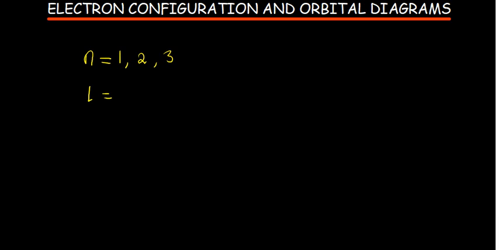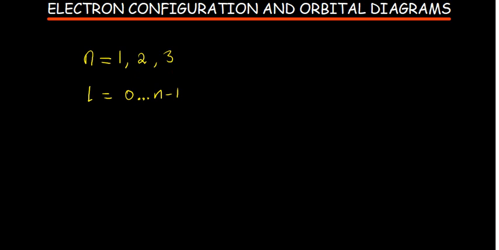L is found from 0 up to n minus 1, meaning that in the first principal quantum number, L is just going to be 0. In the second, L is going to be 0 and 1. In the third, L is going to be 0, 1, and 2, like that. That is how you find L, the angular momentum quantum number.